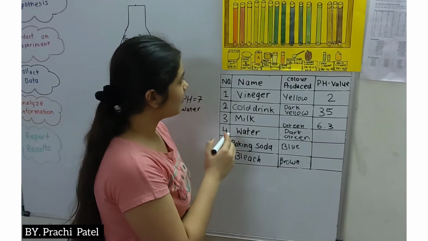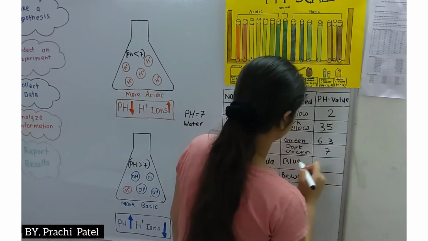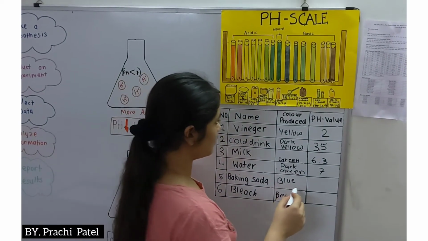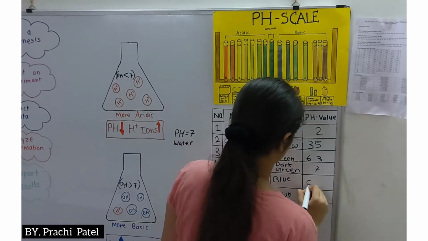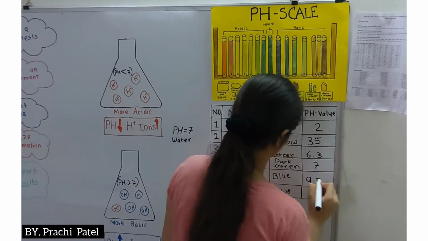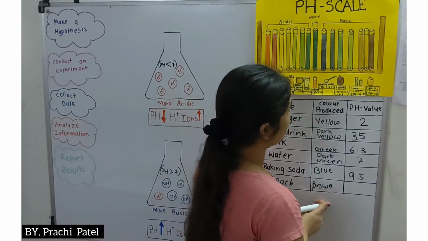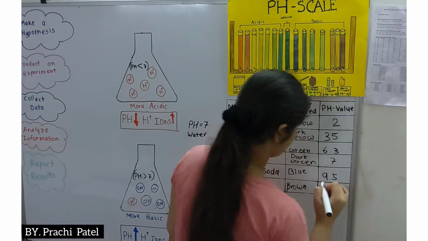Then we had water, which is dark green, which is exactly 7. Then we have our baking soda, which was blue, and baking soda was around 9.5. Then we had our bleach, which was brown, which was 14.